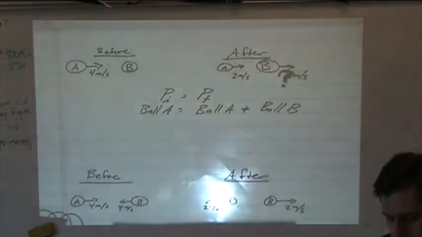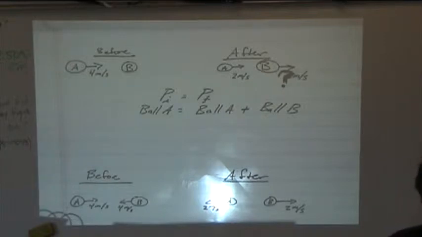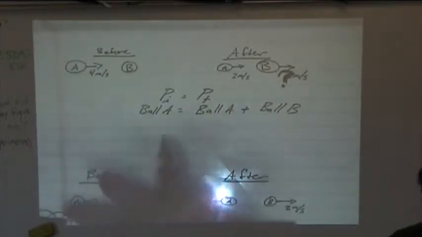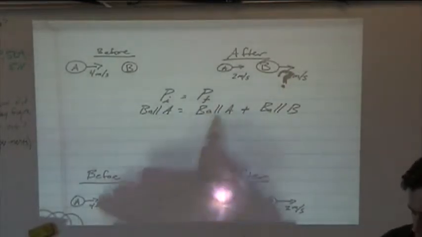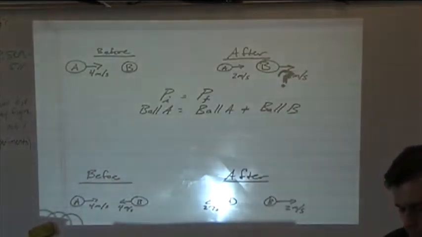It's always a summation. If a momentum happens to be in the opposite direction, we can add that negative sign in at the velocity stage. We'll see that in a second example. But right now, this correctly identifies what has momentum both before and after the collision.